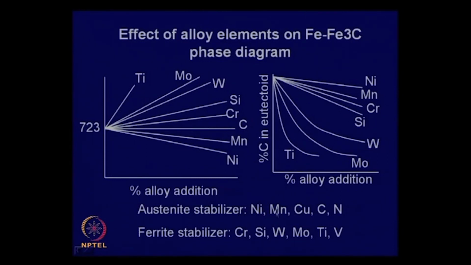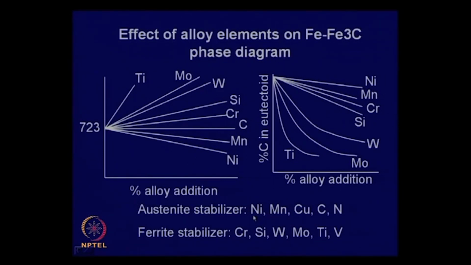In fact, there are certain grades where austenite can be made stable even at room temperature with relatively high amount of nickel or manganese. One very common austenitic stainless steel, many of you are familiar, is primarily because it has high amount of nickel and it is austenitic, and austenite is non-magnetic.